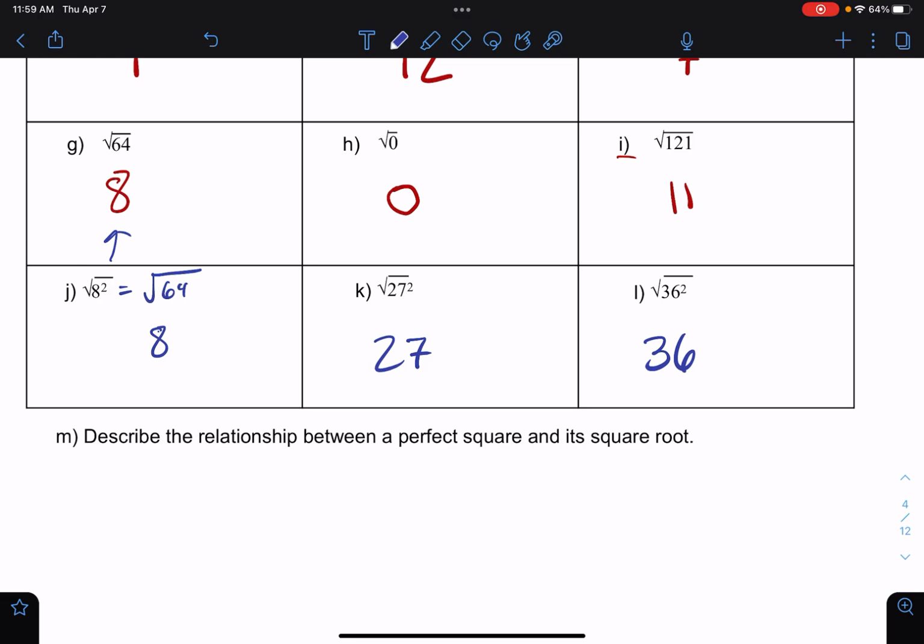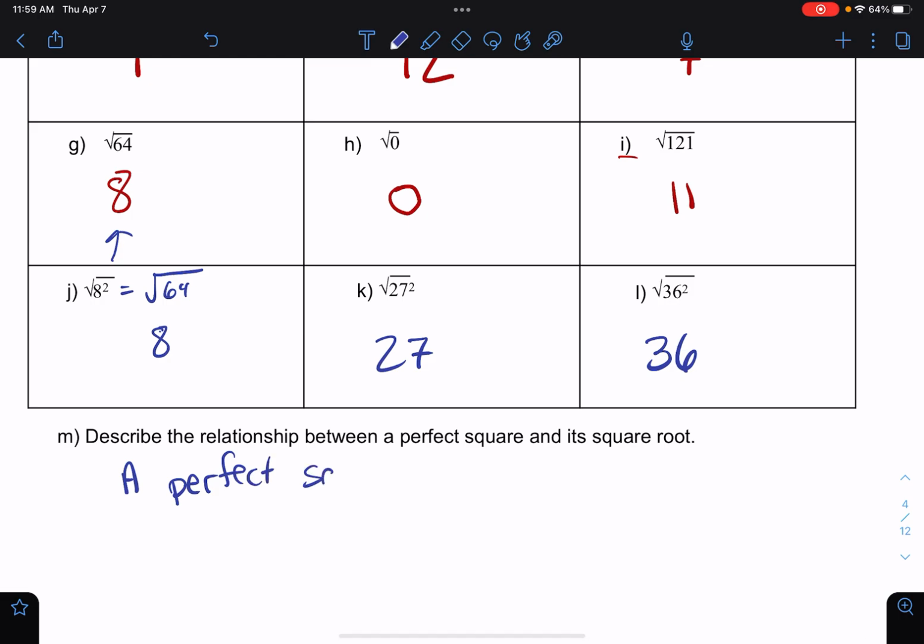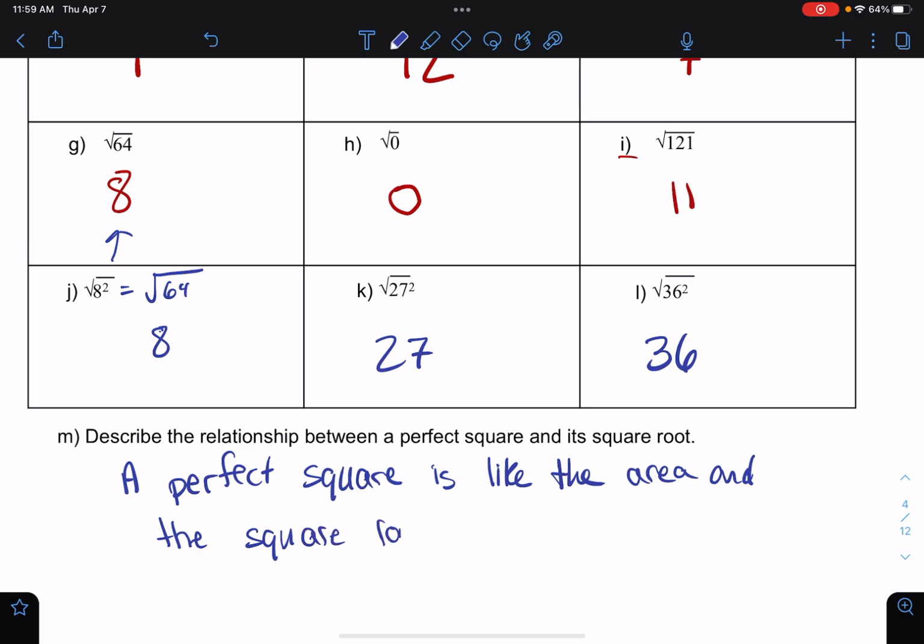All right, describe the relationship between a perfect square and its square roots. A perfect square is like the area of a square, and the square root finds the side length.